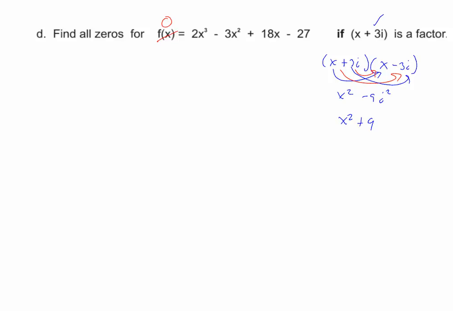Again, every i squared is a negative 1. Negative 9 times negative 1 is positive 9. Okay, so here's where we're at. X squared plus 9 divided into 2x cubed minus 3x squared plus 18x minus 27.